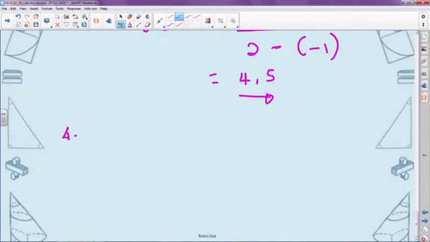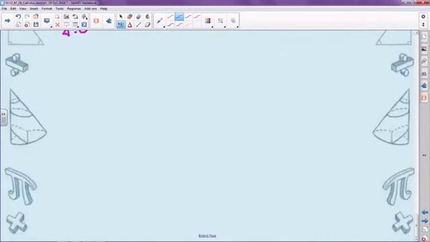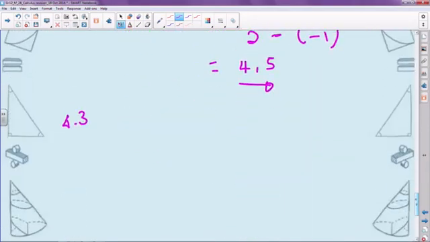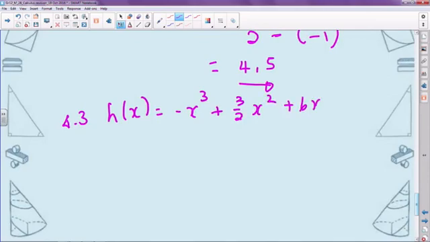Okay, so this is 4.3. We know that h of x is equal to negative x cubed plus 3 over 2 x squared plus 6x. So my first derivative would be negative 3x squared plus 3x plus 6. Remember, you multiply by your exponent.